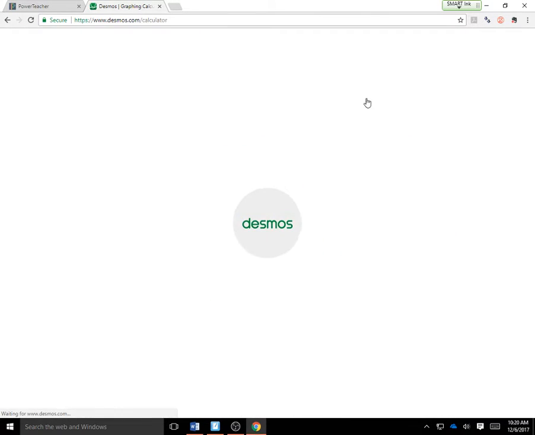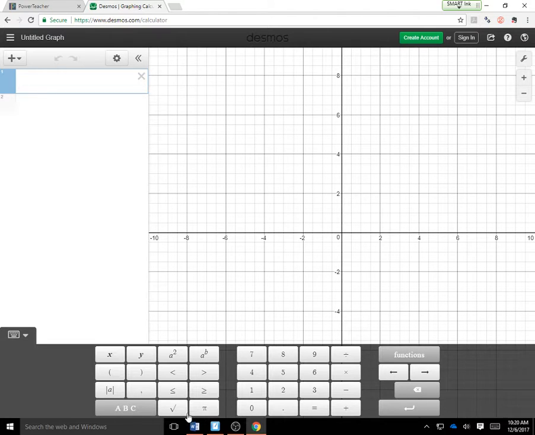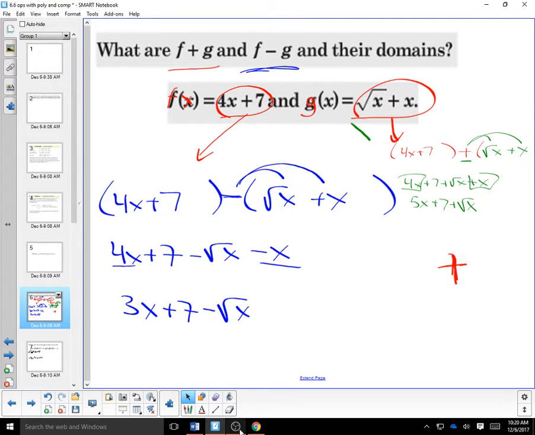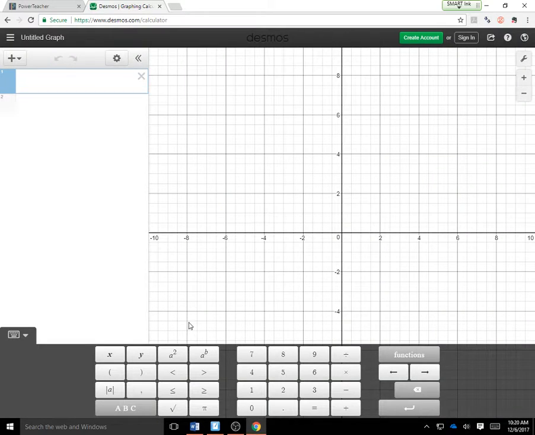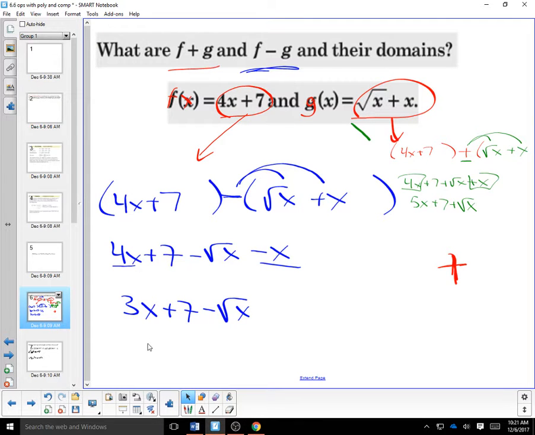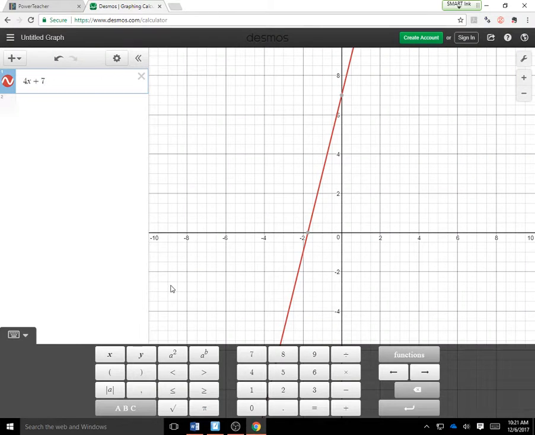So what was that function? 3x plus 7. So 3x plus 7... 4x? 4x plus 7. Just go back and look. 3x plus 7 minus... I think the other one was a 5.